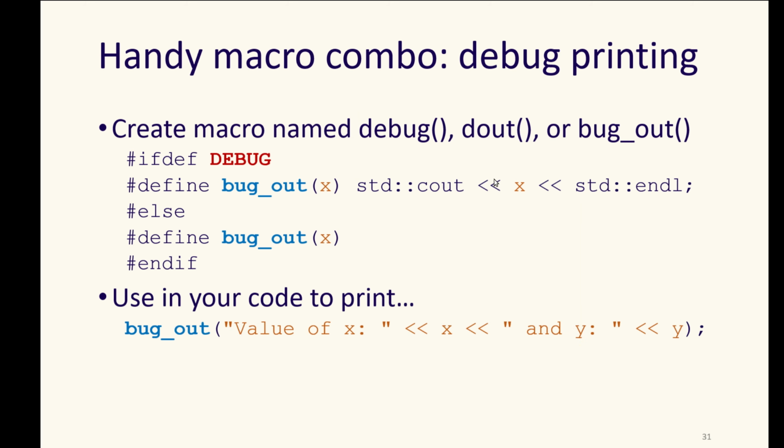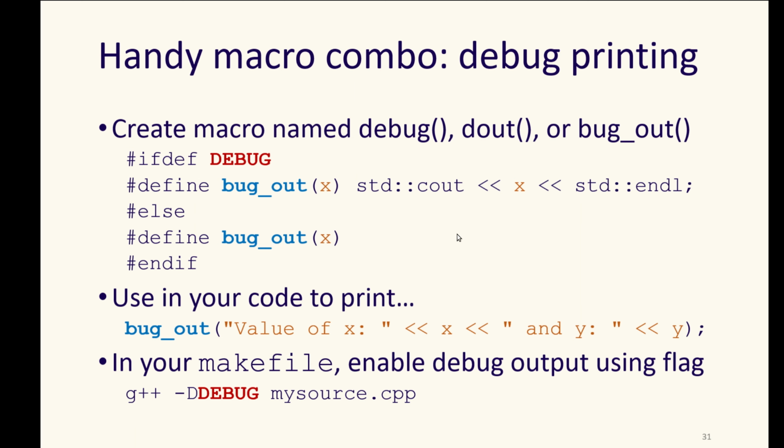So you could write in the print statements normally using this macro definition. It would set it up as a cout statement just like you would expect, but when we're not in debug mode, it would not print out anything there. It would not replace that with anything. It would replace it with nothing, in fact. And then in your makefile, you can just enable that debug output by using the right flag for it.